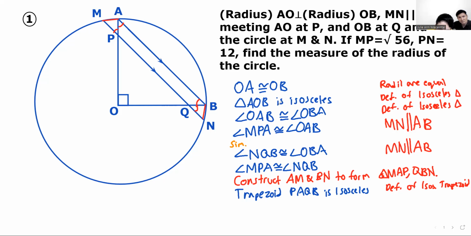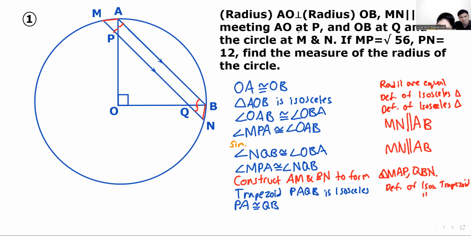Now that this is isosceles, the consequence is that PA is congruent to QB, because that is the definition of the isosceles trapezoid. When the base angles of a trapezoid are congruent, then it is isosceles. So the two non-parallel sides of the trapezoid are congruent.